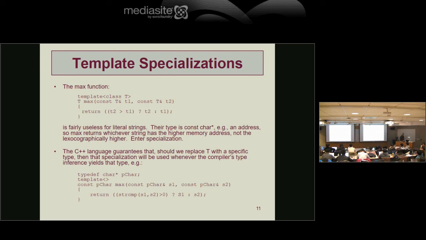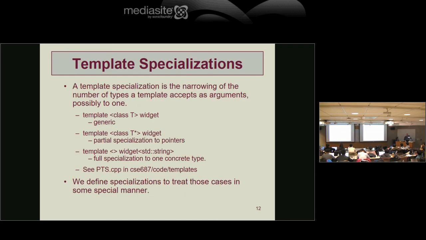Okay, so I'll talk about this one slide and then we'll quit. It'll take me a minute, and that's what we have. We have 1 minute. So here's a generic class T widget. Specializations are a narrowing of the set of objects that can be applied.